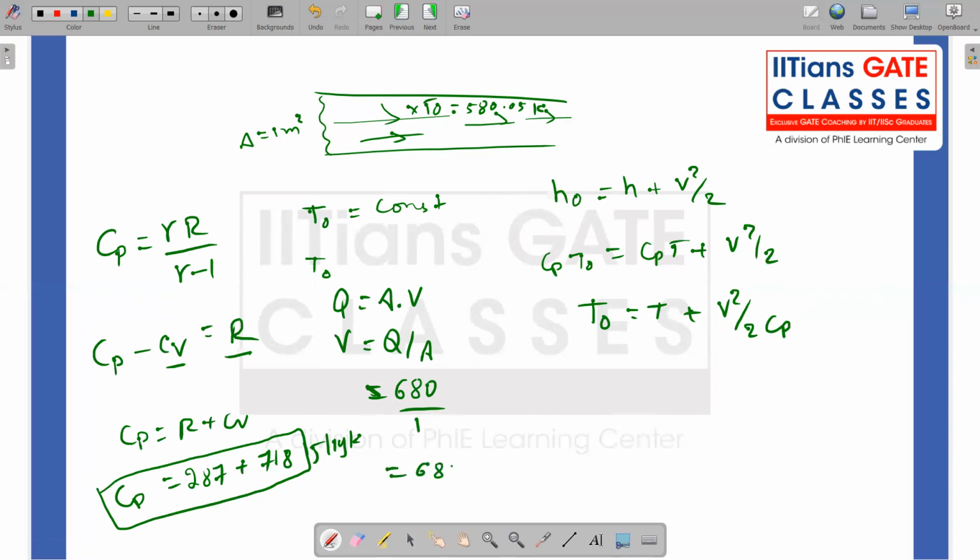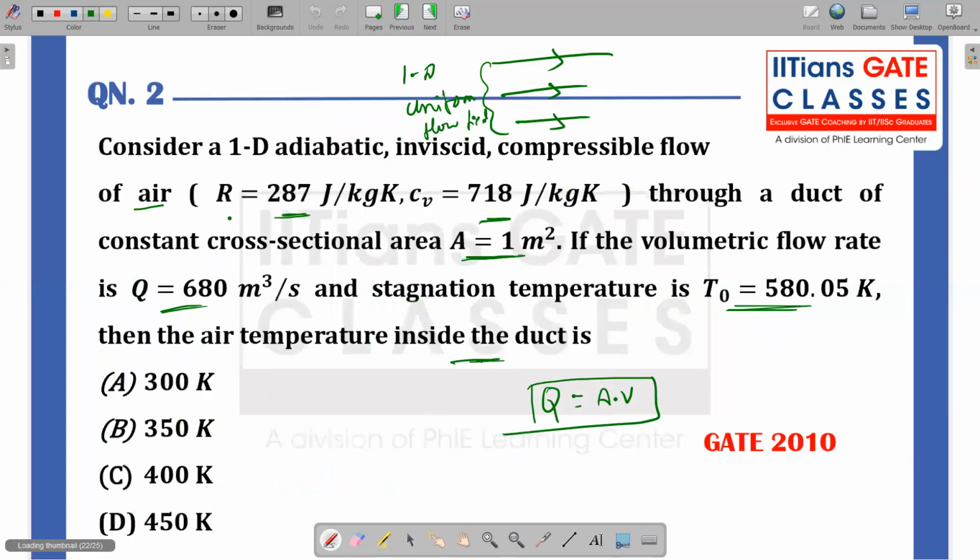That gives me 680 meters per second for velocity V. Now T is nothing but T naught minus V square divided by 2 Cp, and T comes out to be 350 Kelvin.